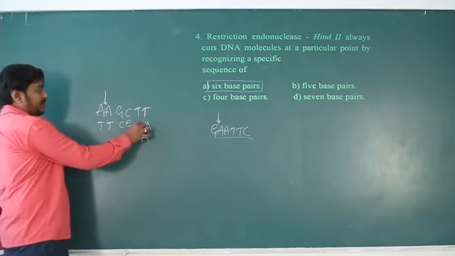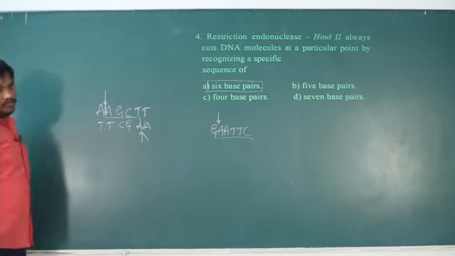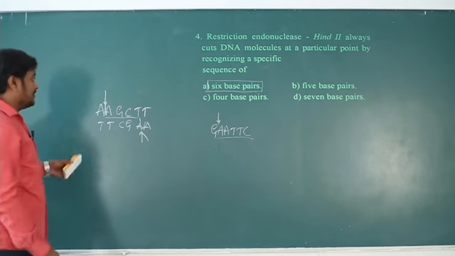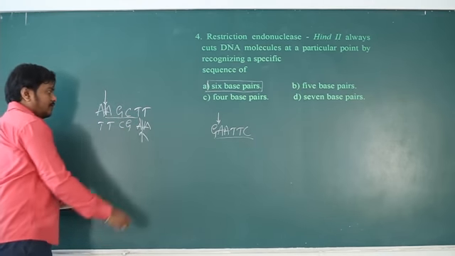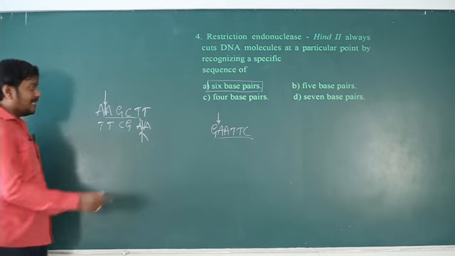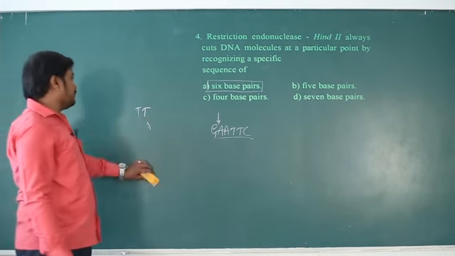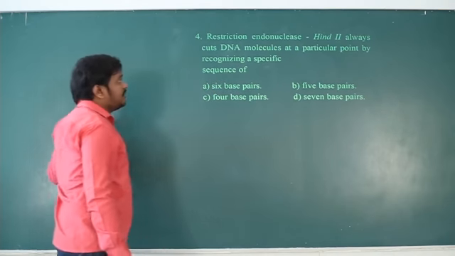So by breaking the phosphodiester bond first, then it can remove the hydrogen bond. Okay. So this is how restriction endonuclease enzyme cuts the DNA. So here the phosphodiester bond is broken by this enzyme, whereas the ligase enzyme creates this bond again during joining of DNA. Okay. So this is about the restriction enzyme HIND2.